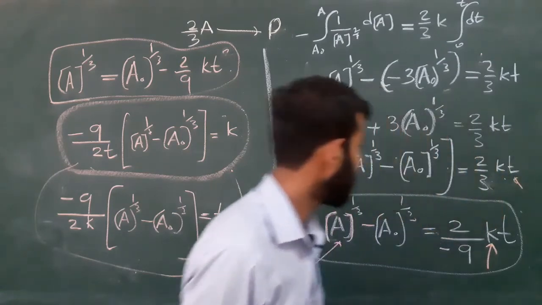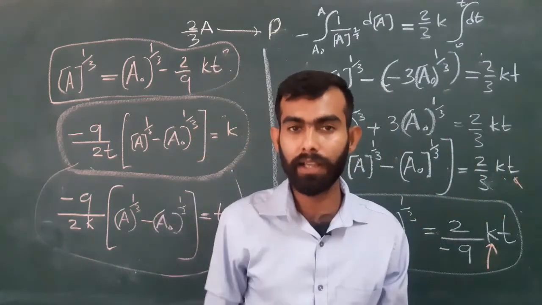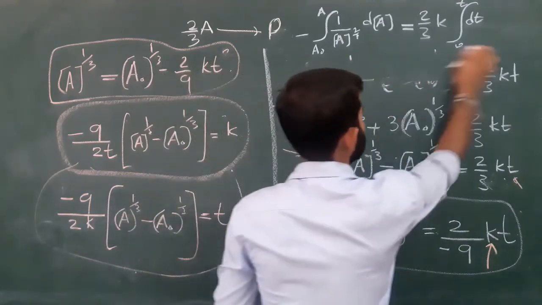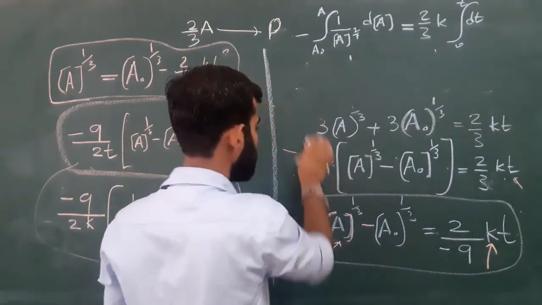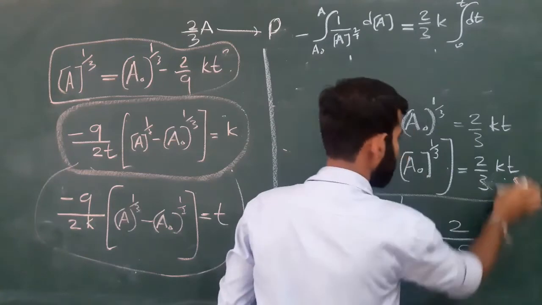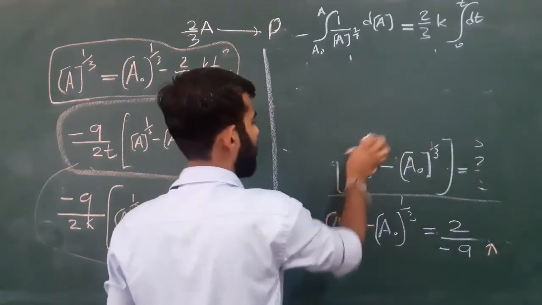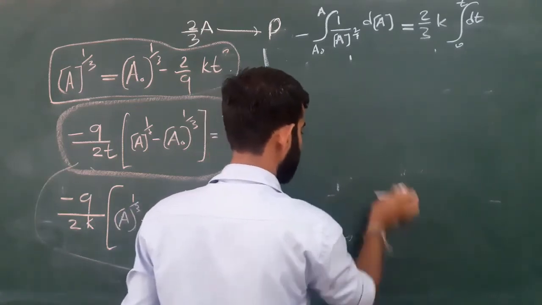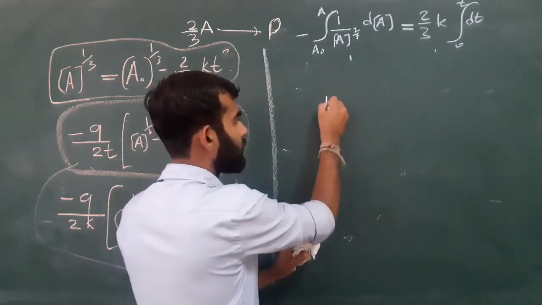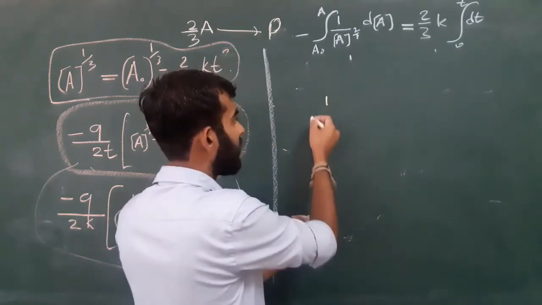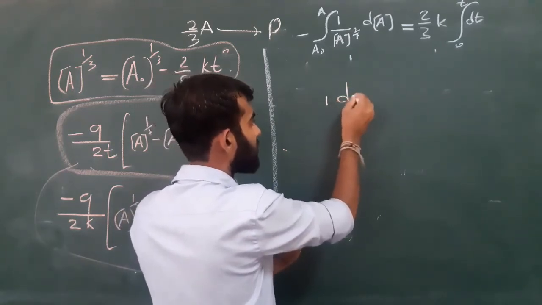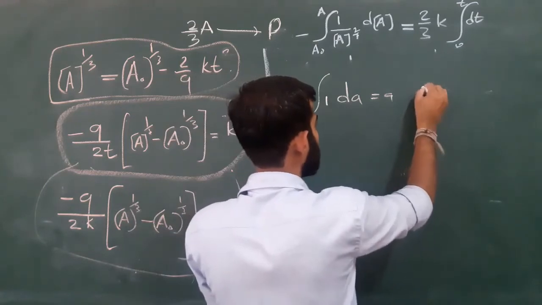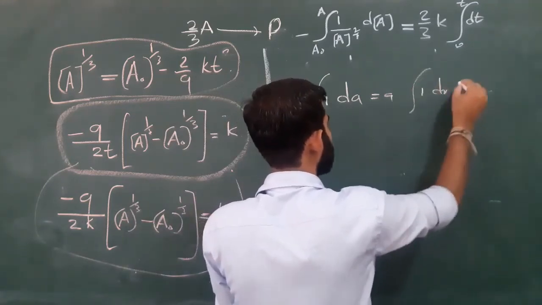So what are the other important things in chemical kinetics? I will explain some important integral parts here. As a summary, in chemical kinetics, first integration you have to know: if I integrate 1 by dA, answer will be A. If I integrate 1 by dx, answer will be x.